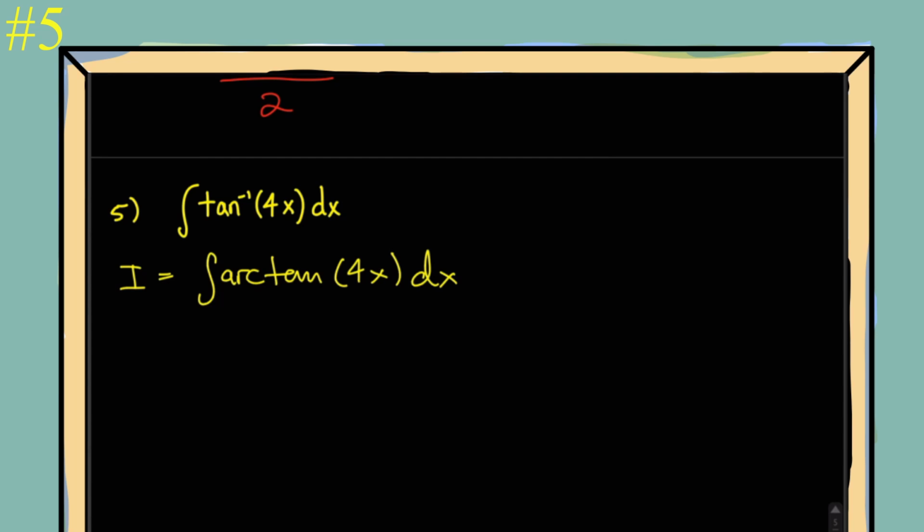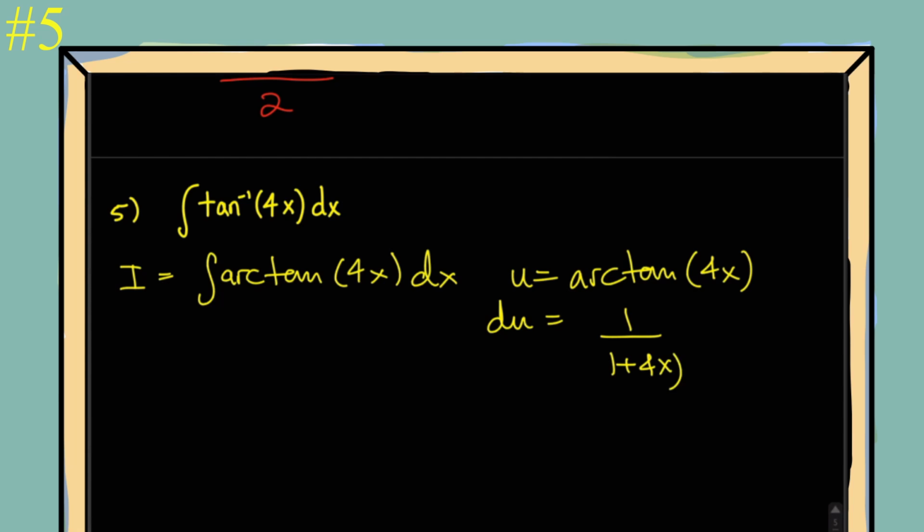We're going to set u equal to arctan of 4x, and so du is going to be equal to, normally it would be 1 over 1 plus x squared, but in this case it's 1 plus 4x all squared, and then we have to multiply by 4 for the chain rule, so it becomes 4 over 1 plus 4x squared. At the same time dv is just 1 dx, and so v is x.